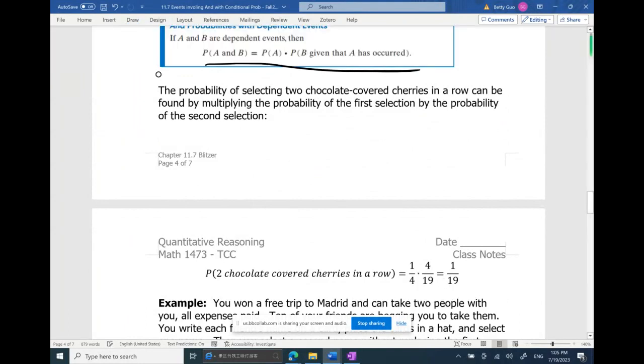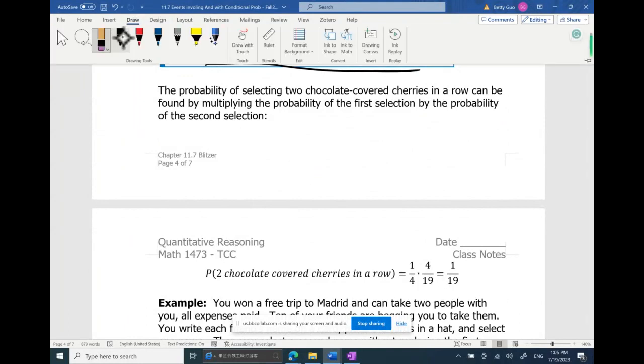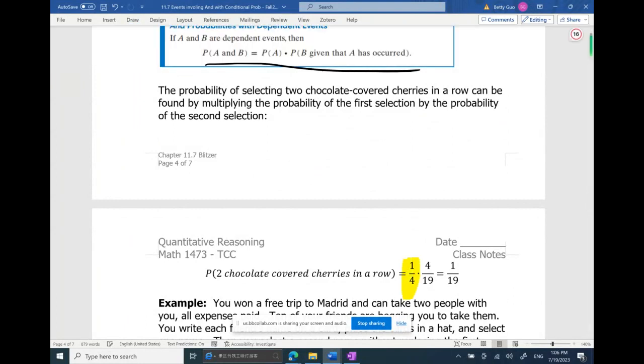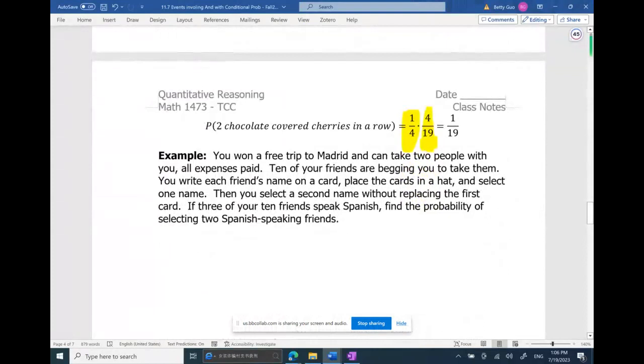Then we multiply, since the fundamental counting principle is multiplying, by the second time also getting a cherry. But since the first time you already took a chocolate, you only have 19 in total now, and among the 19 chocolates, only 4 are cherry flavor. So times 4 over 19. I would recommend that when you apply the multiplication rule, you think about the fundamental counting principle.